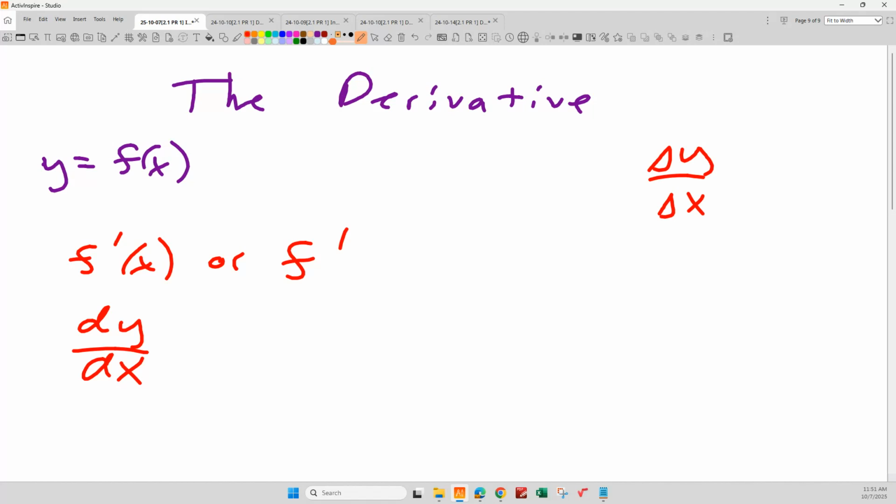Rise over run between 2 points. Well, if we're shrinking that delta x down to be vanishingly small, then that just evolves to be dy over dx, where the little d just means really small, right? So we're taking really, really tiny slopes of secant lines, and so that's a common notation.